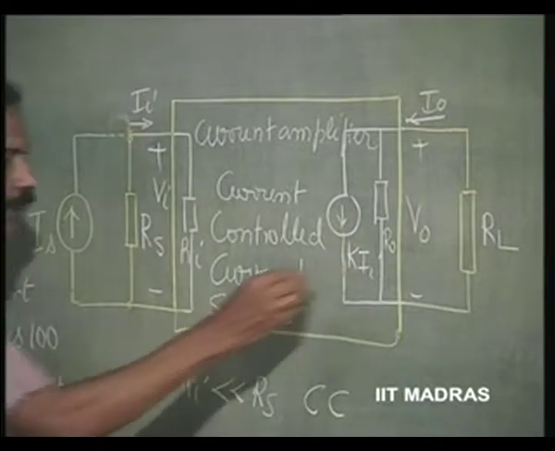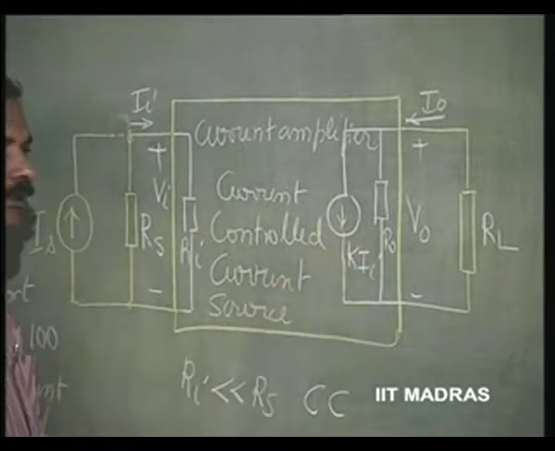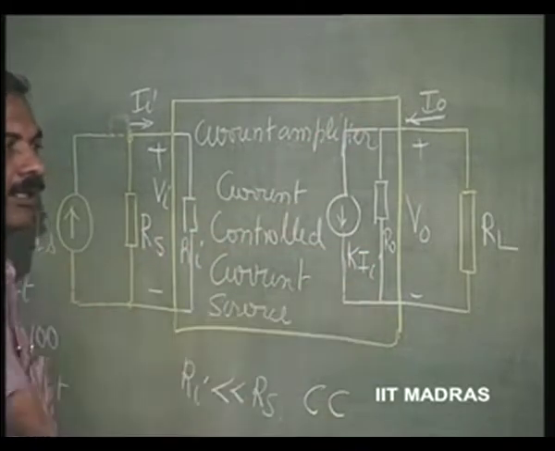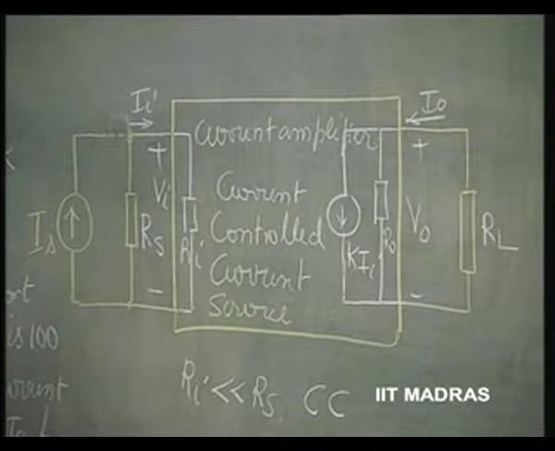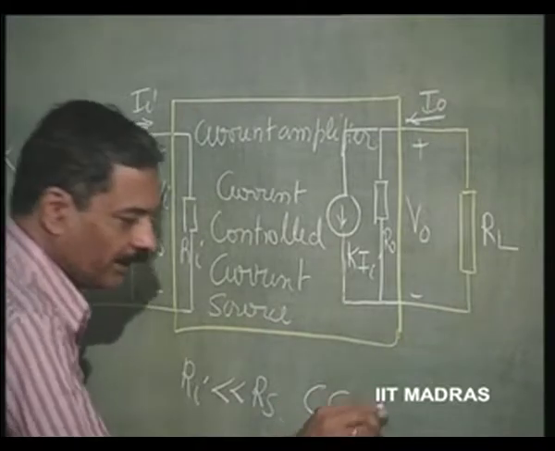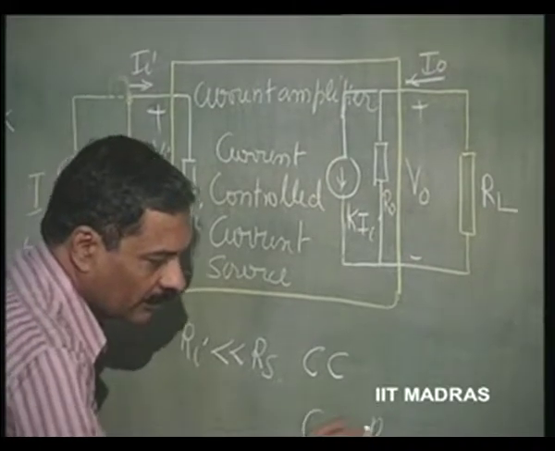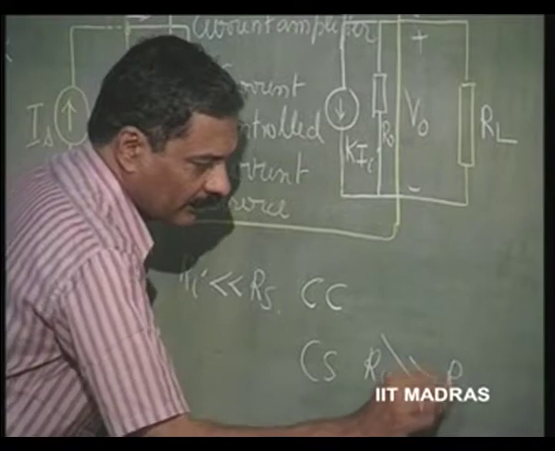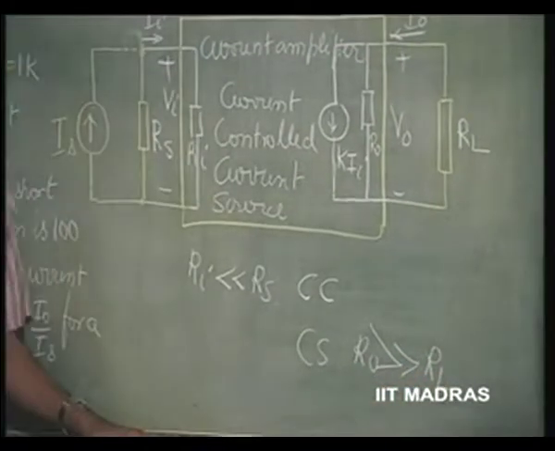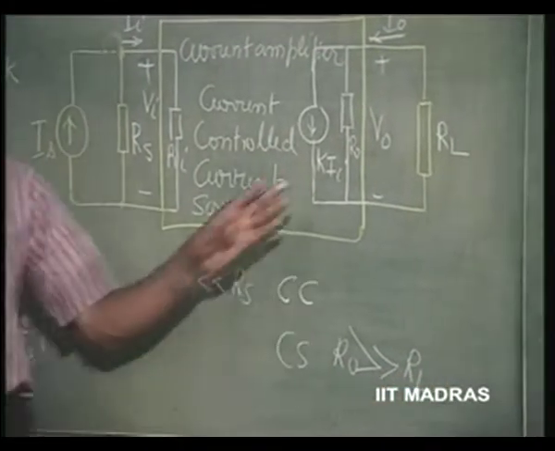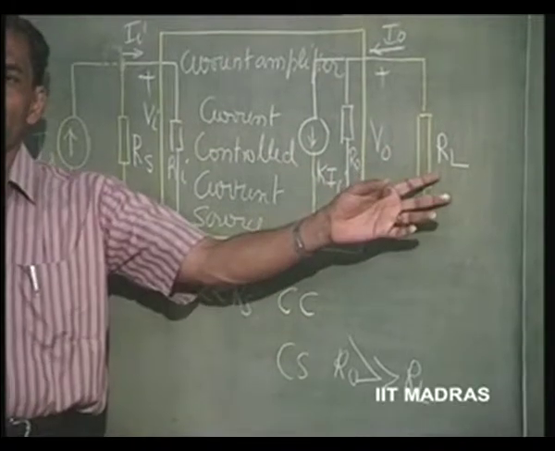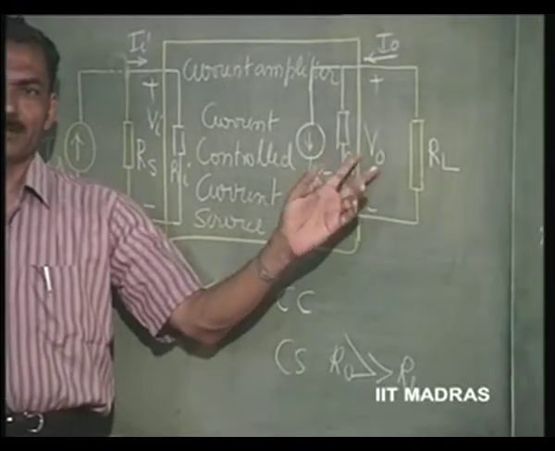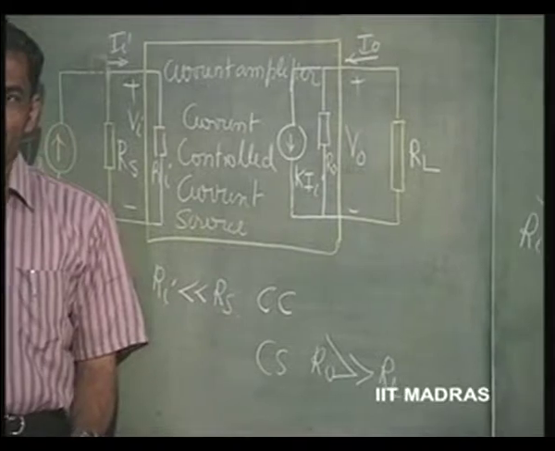So, it is going to be K times II shunted by R naught, and if it is a current source, then R naught is going to be much greater than RL, so that most of this current still goes through RL and very little is lost through its output resistance.